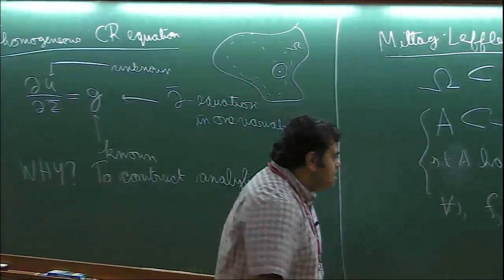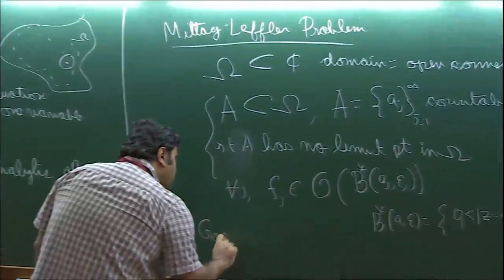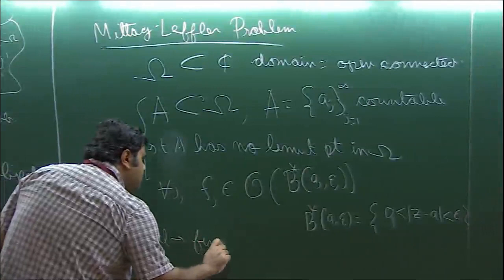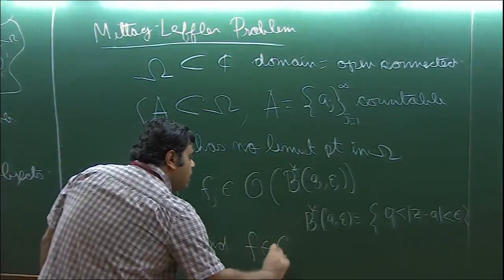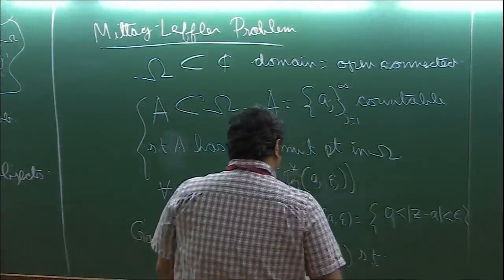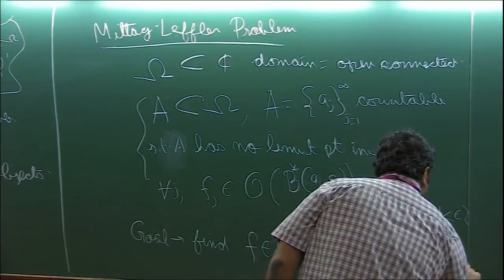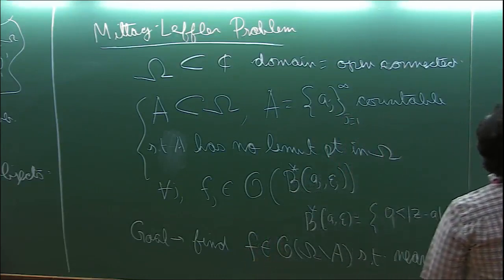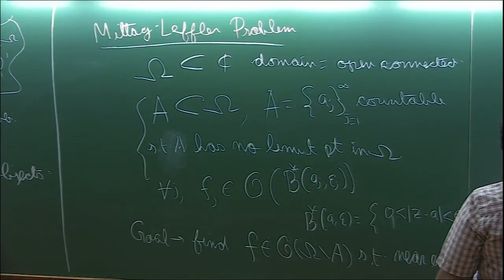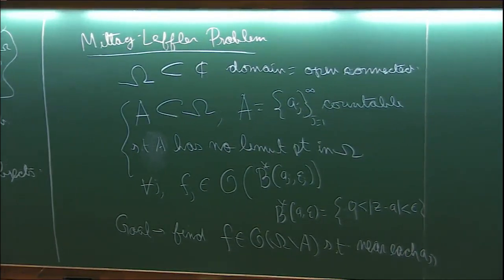So these are the principal parts, and then the goal is to find a function holomorphic on omega minus A such that near each a_j, f is of the form f_j plus h, where h is holomorphic at a_j.